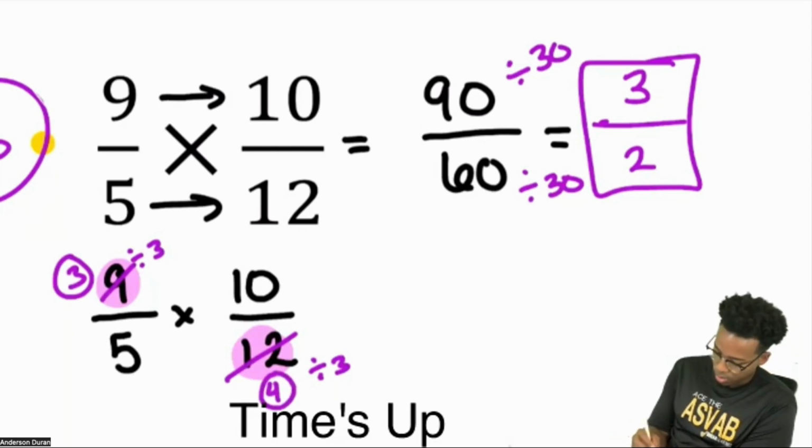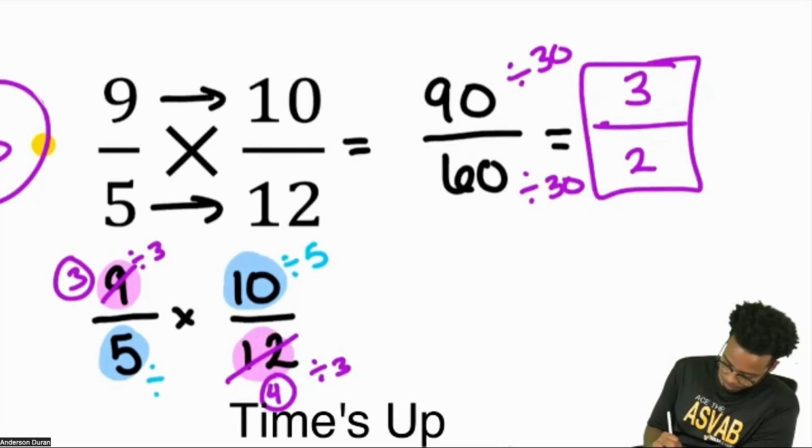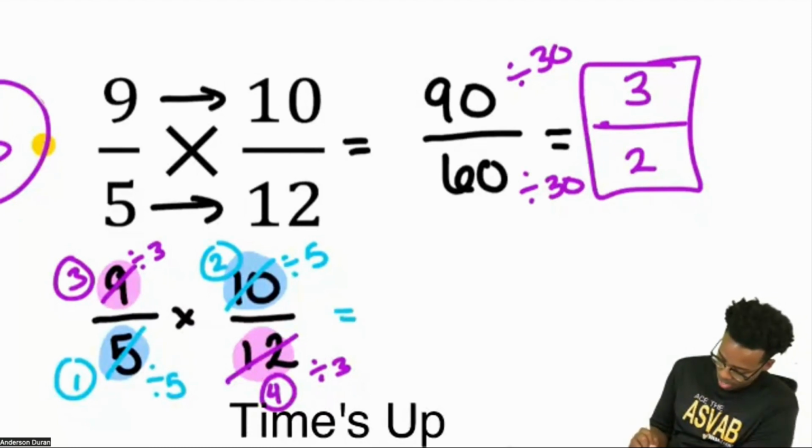And what I also noticed is that, hey, actually pretty conveniently, 10 and 5 are both divisible by 5. And so that would become a 2, and that would become 1. And so I can rewrite my problem as 3 over 1 times 2 over 4.